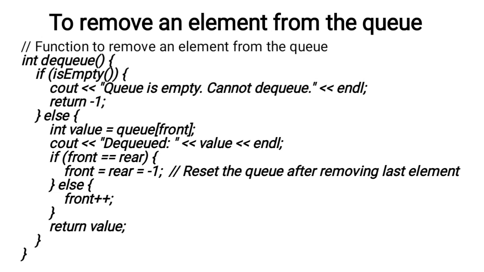So whenever we remove a value from the queue, just know that we have to increment the value of front. Why increment the value of front?